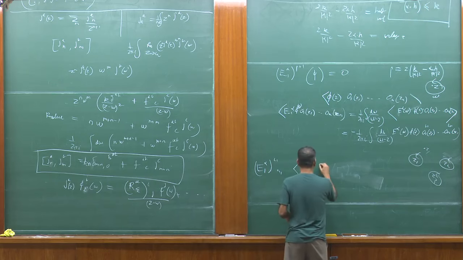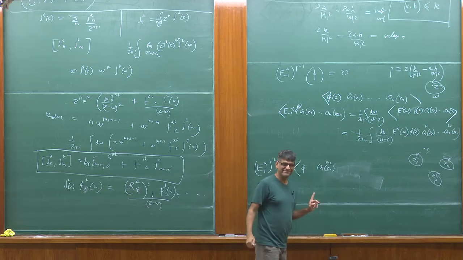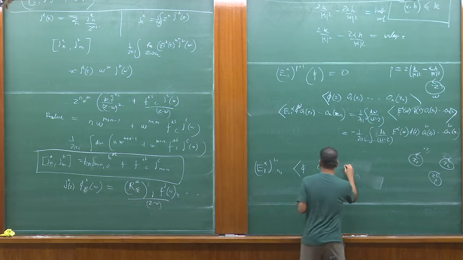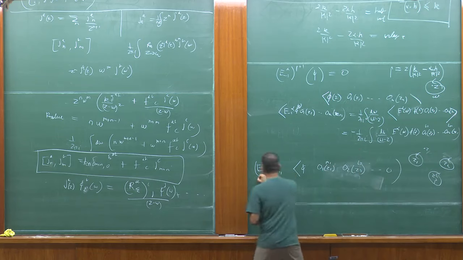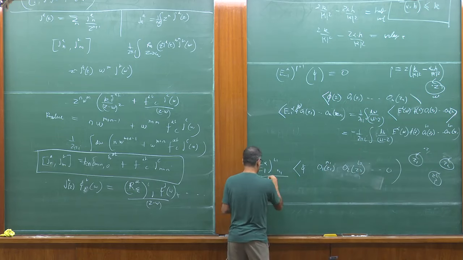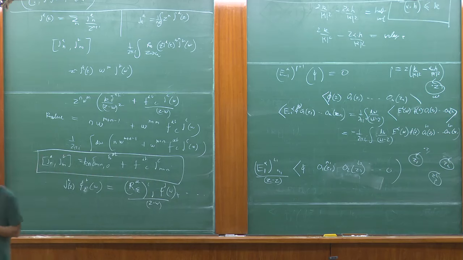This guy becomes O1 of Z1, with M1. O2 of Z2, whatever, I2, and so on. And then this came with a Z1 minus Z. And then sum over all of them.